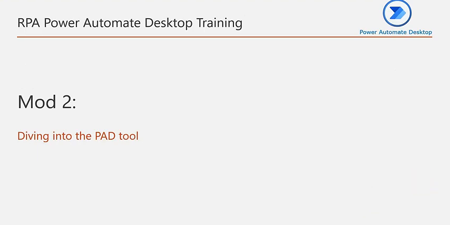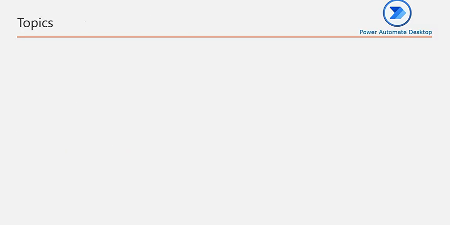Continuing with module 2, diving into the PAD tool. In this module, the topics that we are going to look at are the prerequisites for the installation of the PAD tool, the three different types of accounts allowed from Microsoft. If those won't work for us, we will be creating a fourth account to explore the premium features.